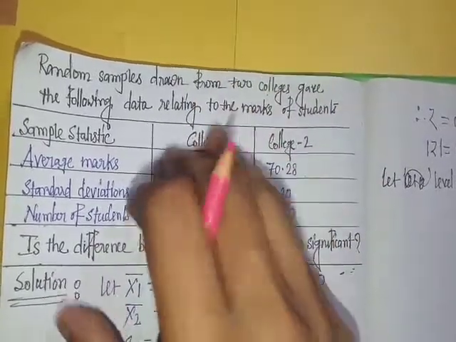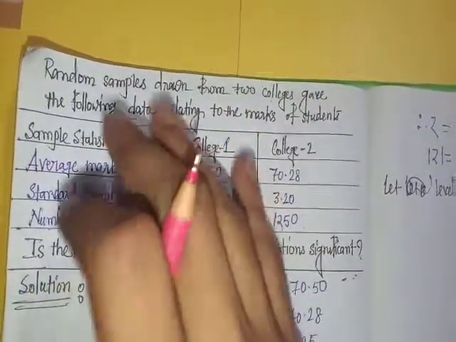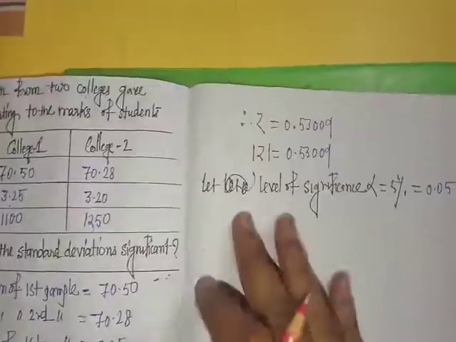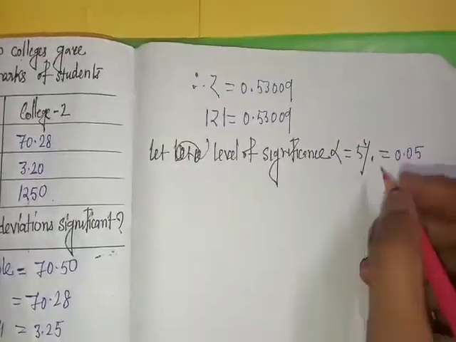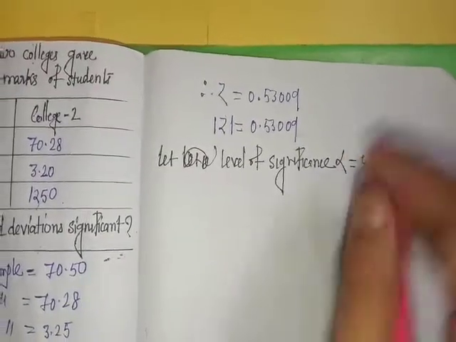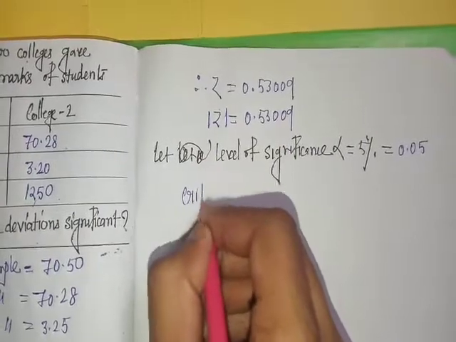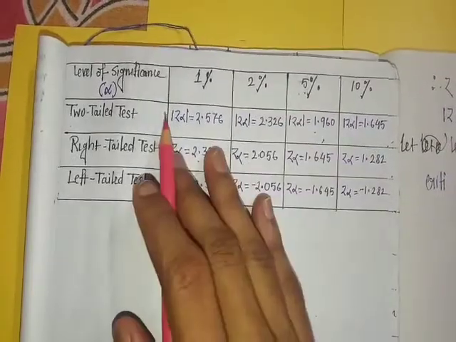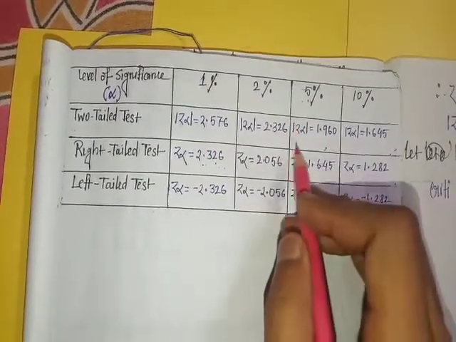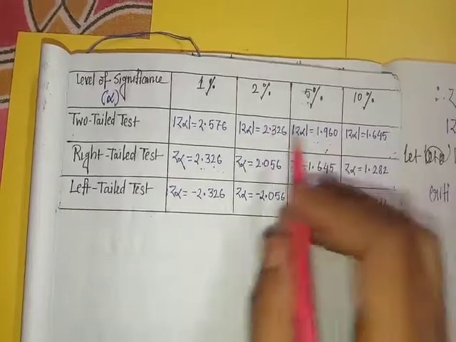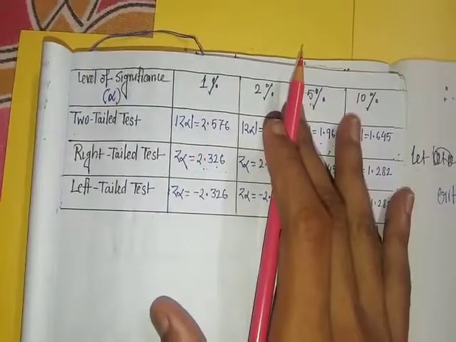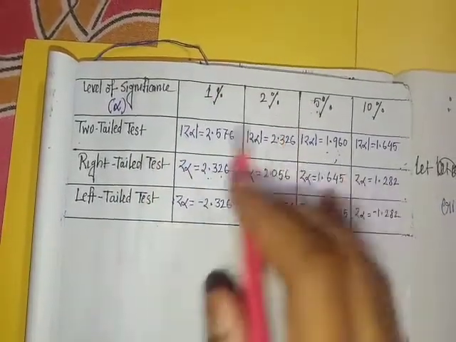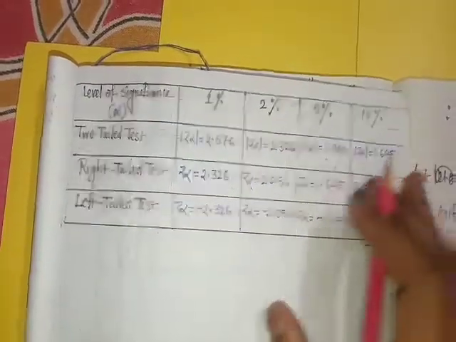So let the level of significance alpha equal 5%, meaning 0.05, and the critical value for 5% level of significance for a two-tailed test is 1.960.